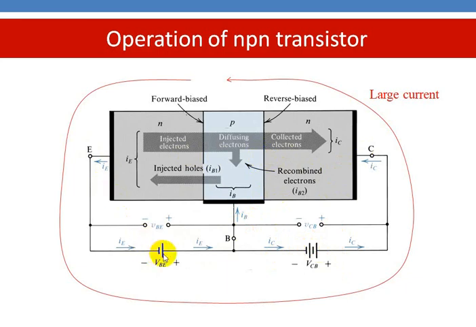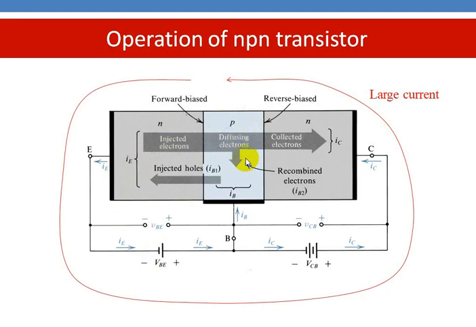When you apply this voltage VBE, the negative terminal is connected to the N region and the positive terminal is connected to the base region. Because of this negative voltage, electrons will be injected from this N region into the P region. We have to remember that the hole concentration is very much less as compared to the electrons present in the N region, because the base is a thin layer.